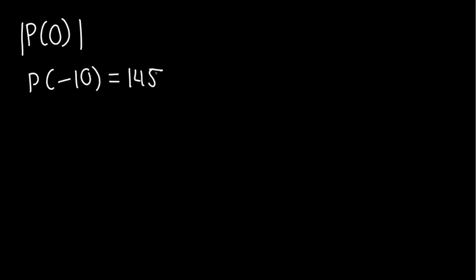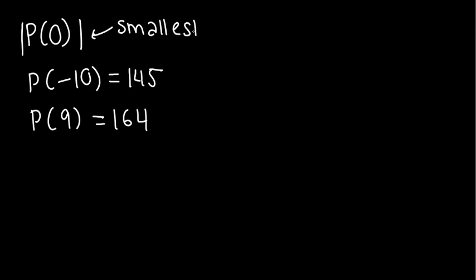So we have p of 0, which is what we want to find. They gave us p of -10, which is 145, and p of 9 is 164. We want to find the smallest value of the absolute value of p of 0.